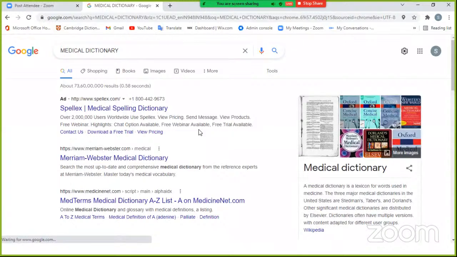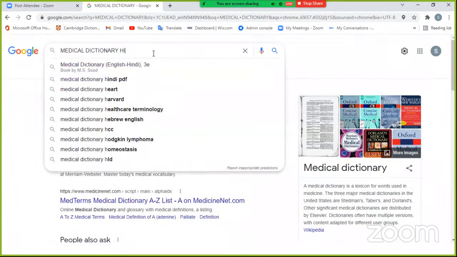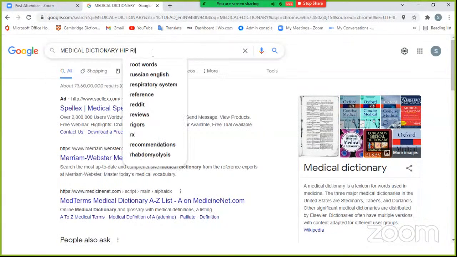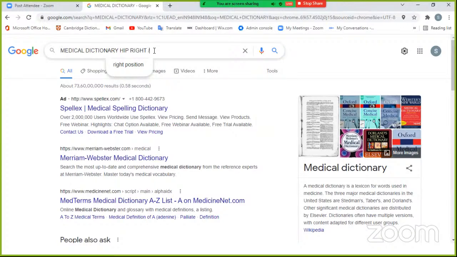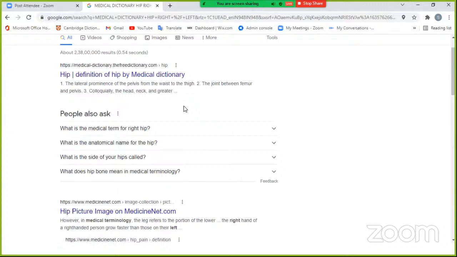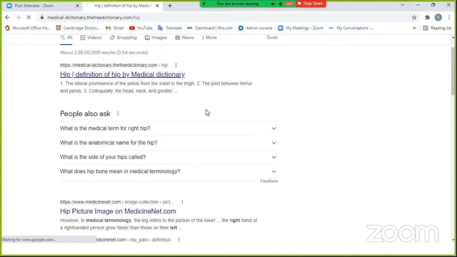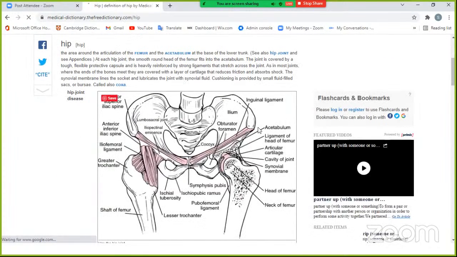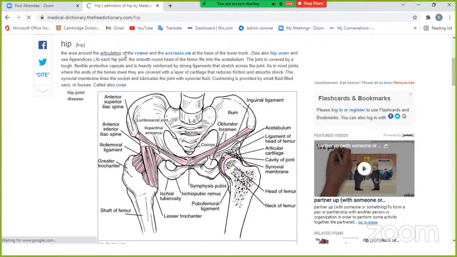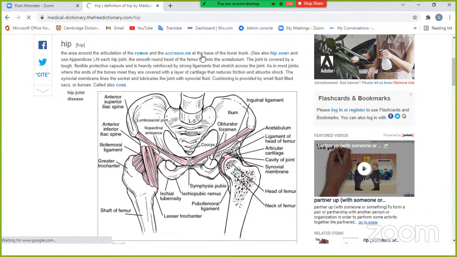In the medical dictionary, you can look up hip. Let us just check blindly, right and left. Now this is called the hip. Now you can get it clearly whether it is right or wrong. You have to see the area around the articulation of the femur and the acetabulum at the base of the lower trunk.